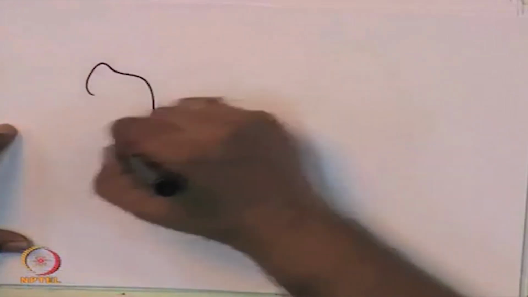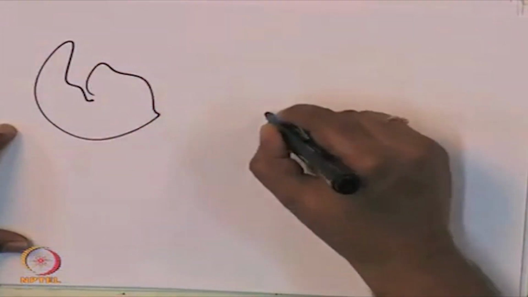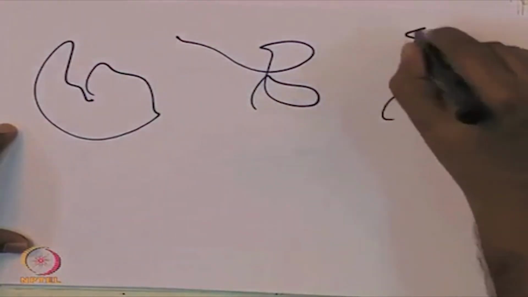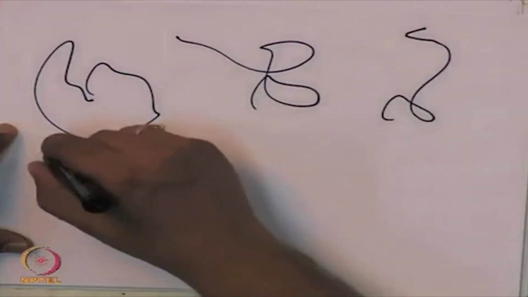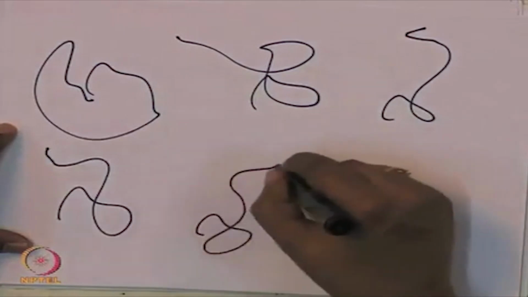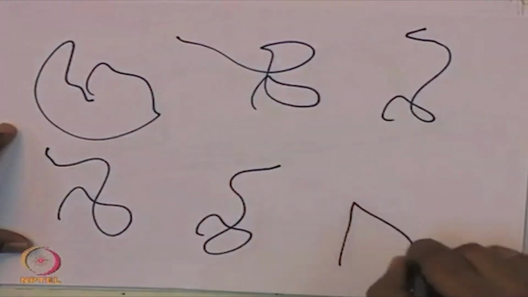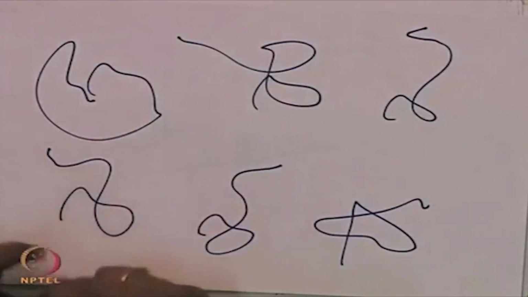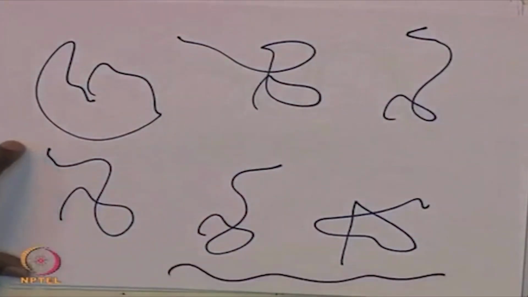Sometimes some DNA will be like this, some DNA will be like this, some DNA will have this shape, some other DNA will have this shape, and some other DNA might have this kind of a shape.